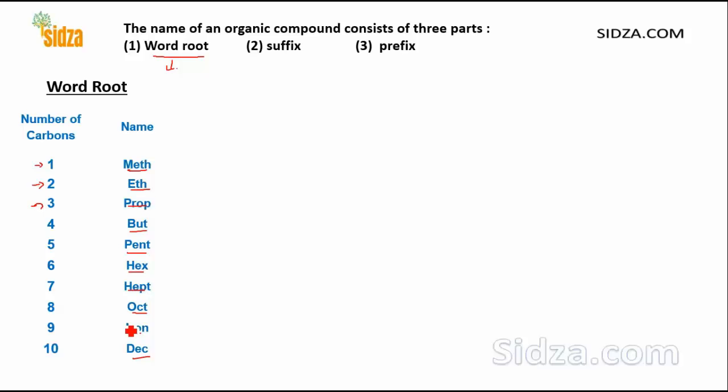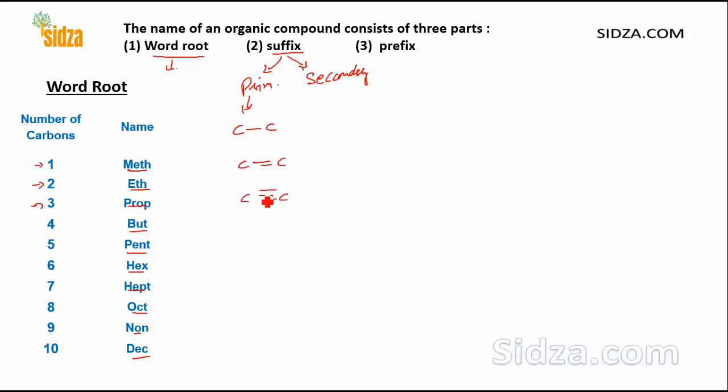Similarly, we have the suffix term. There are basically two types of suffixes: a primary suffix and a secondary suffix. Primary suffix refers to what kind of linkage is there between the carbon atoms. Is it a single bond, a double bond, or a triple bond?